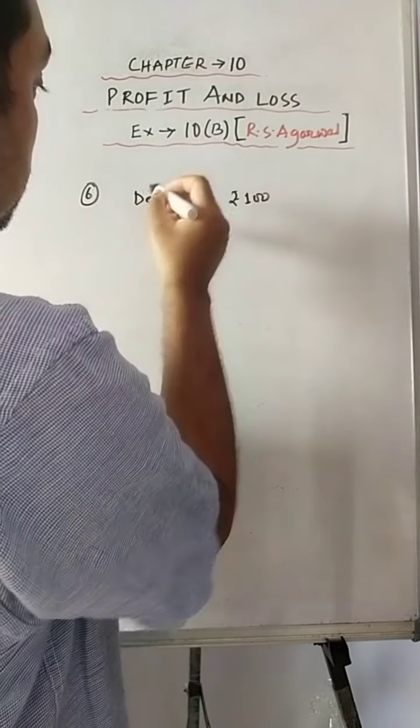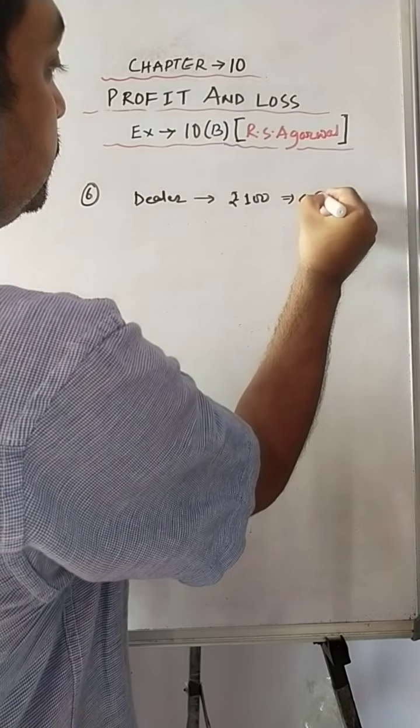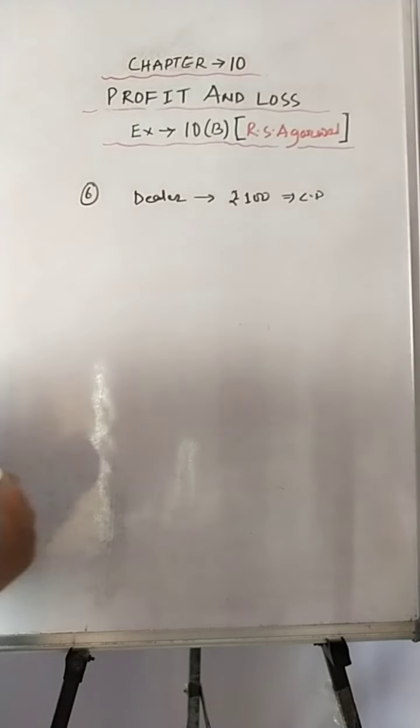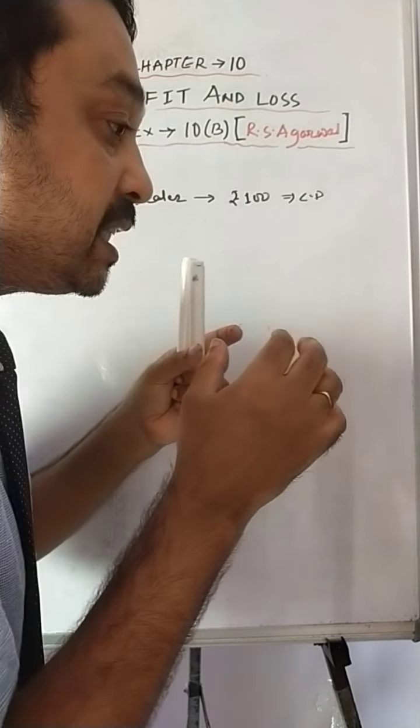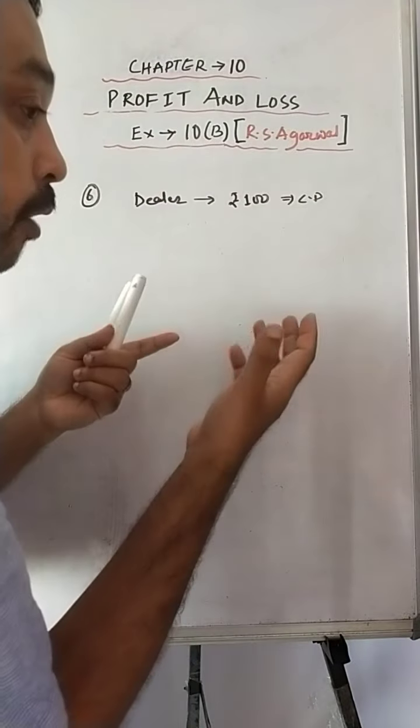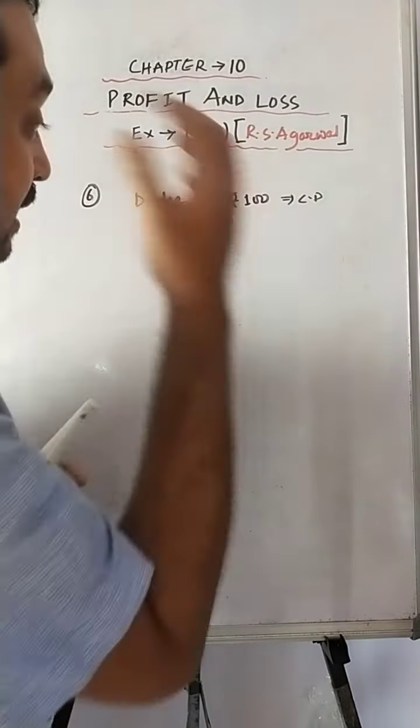So the cost price is rupees 100. Now this dealer is about to sell that thing. So how will he sell it? When he is packing the article, he has to write some price on it. That is called the mark price. So how will he mark that price?